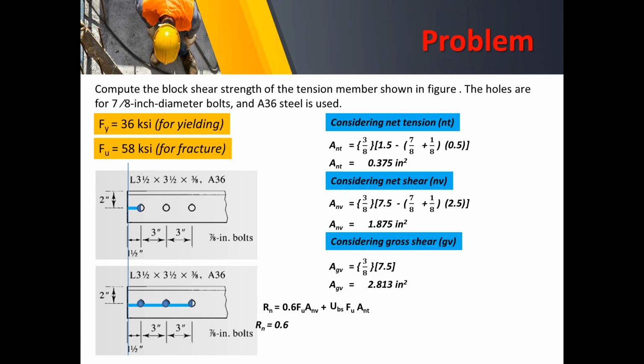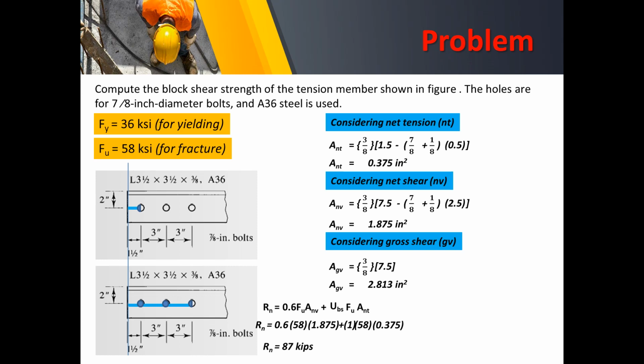So applying that equation now, the nominal strength for the first term, we have 0.6 times 58 times 1.875, the net shear area, plus, our multiplier is 1 since we have a uniform configuration, so 58 is our Fu, and the net tension area is 0.375, and that will yield 87 kips.